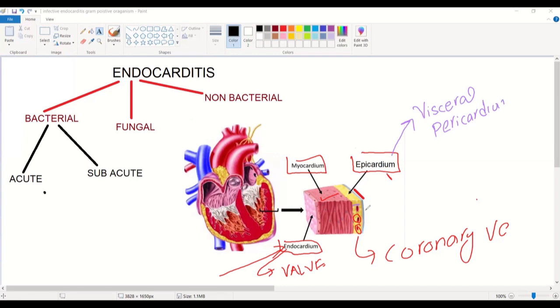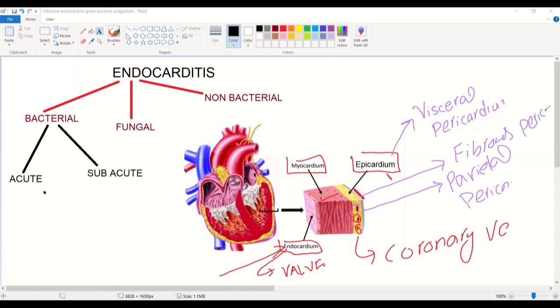And this layer is the parietal pericardium. And this one is the fibrous pericardium.